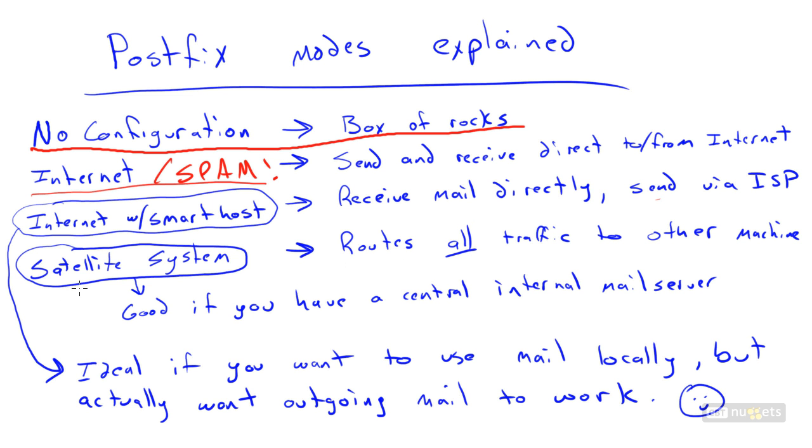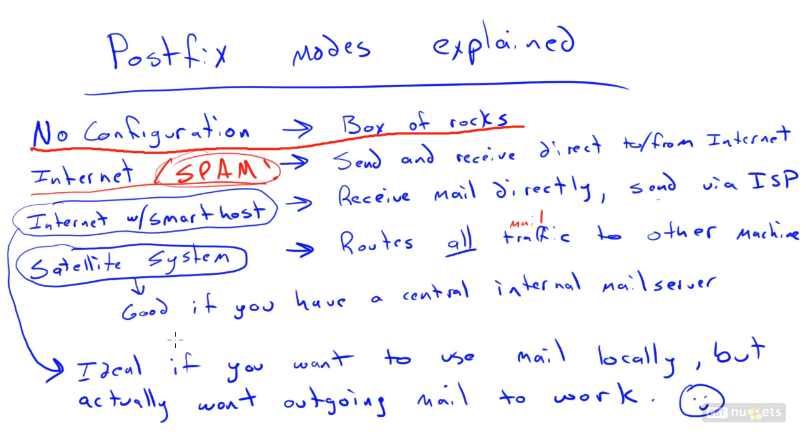And so maybe you want to do a satellite system. What this means is that all of your mail traffic goes to another machine. This is good for a number of reasons. One, it means that you're not really handling the email on your local machine, which can be a good thing, especially when we talk about big bad spam.